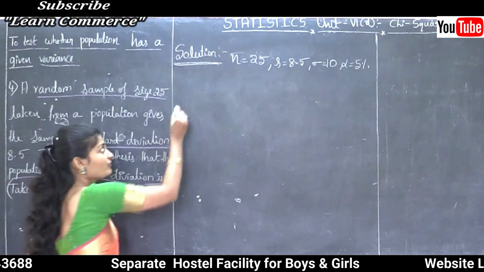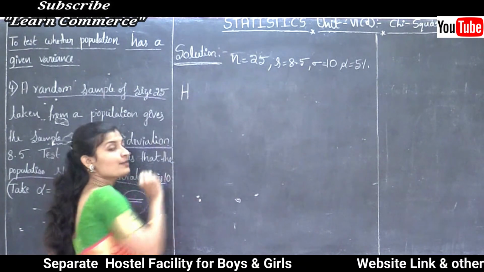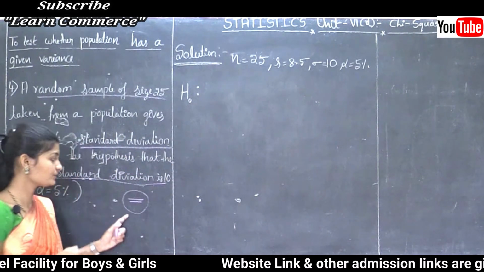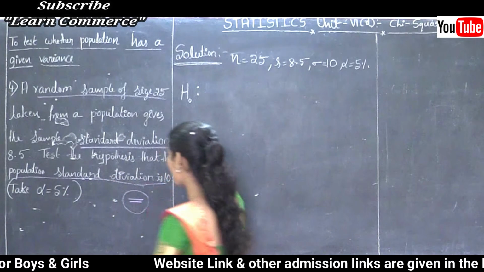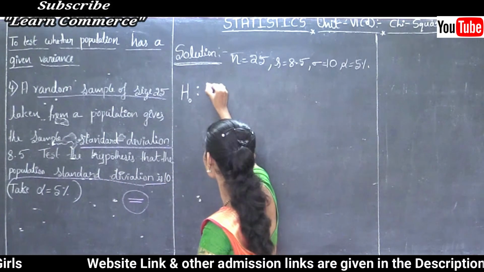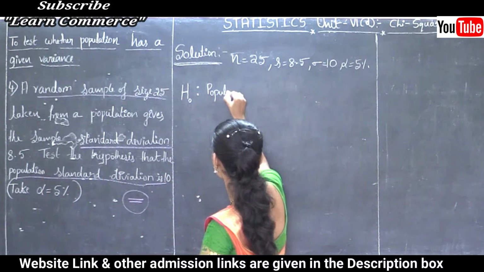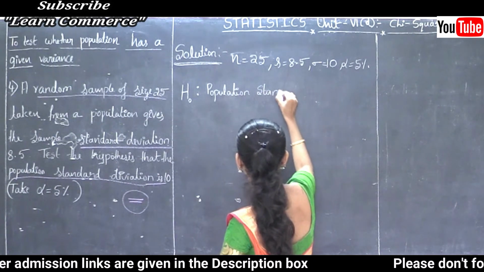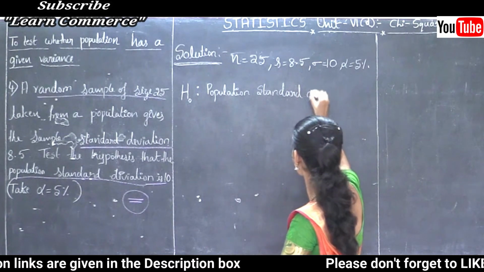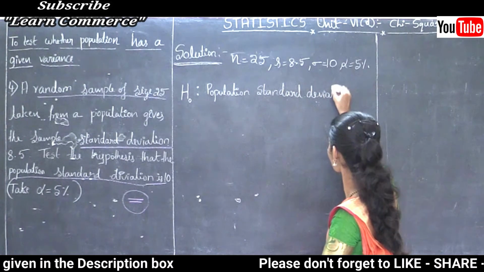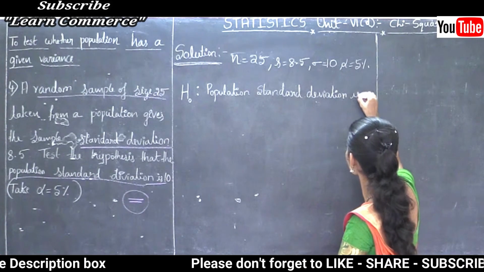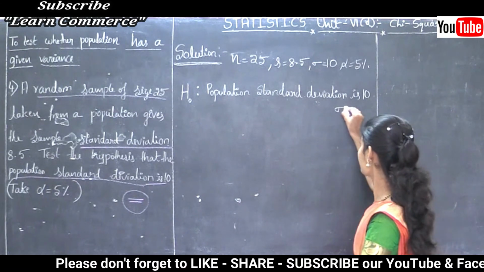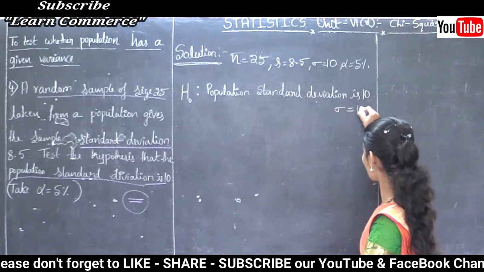Step 1 is the null hypothesis, denoted by H naught, and this problem is based on the null hypothesis, that the population standard deviation is 10. Population standard deviation is denoted by sigma, so sigma is equal to 10.